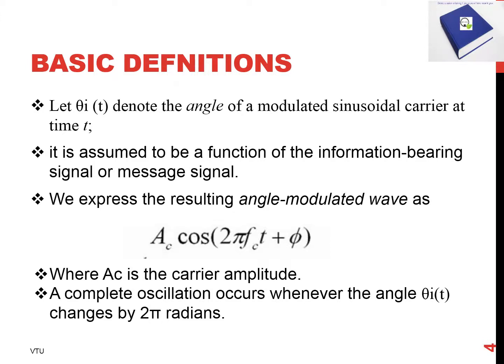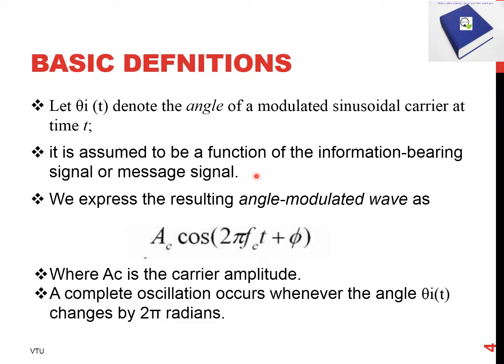Now coming to the basic definition: how to write the equation for the FM modulated wave. First we will look into that. Let theta i of t denote the angle of the modulated sinusoidal carrier at time t. It is assumed to be a function of the information bearing signal, or the message signal.